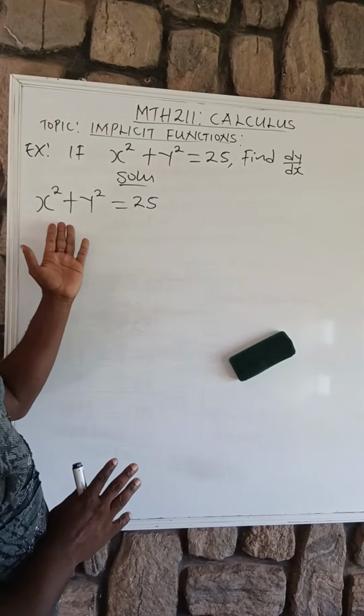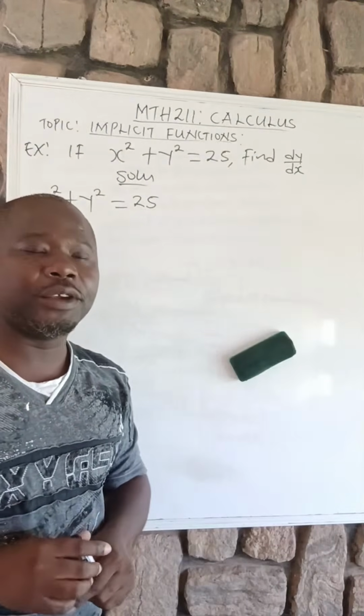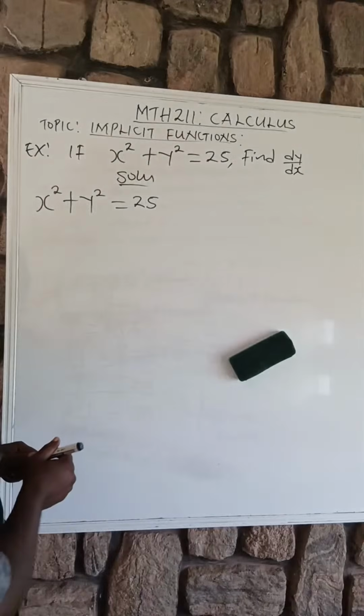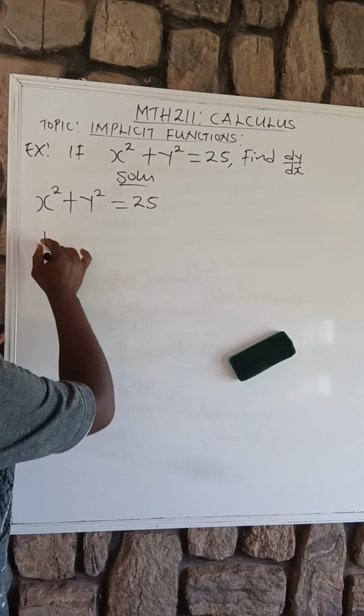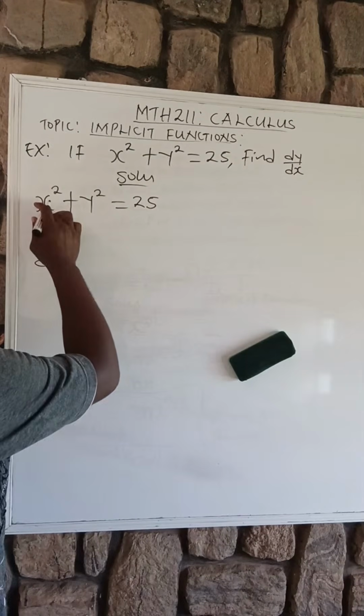This function is an implicit function, true of us. So if I were you, you apply this, you use this, d all over dx, open bracket, what is here?